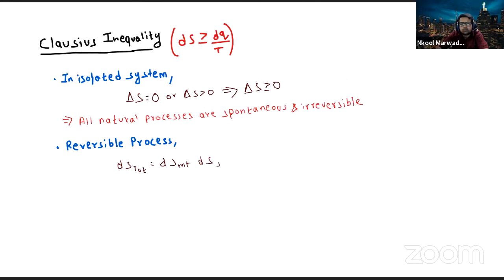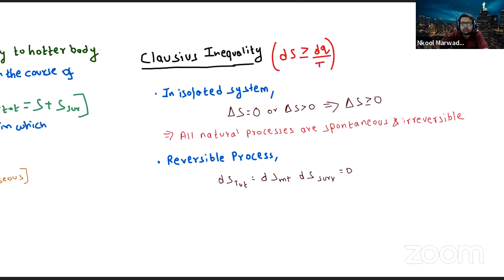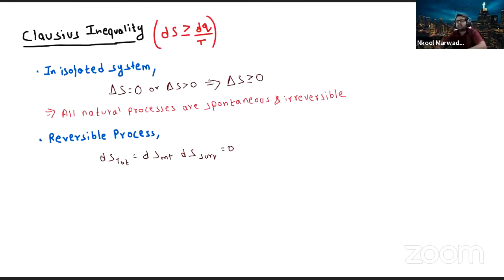That we just now proved in the previous example, like the scenario somewhere below. For the reversible process, the change in entropy is zero.